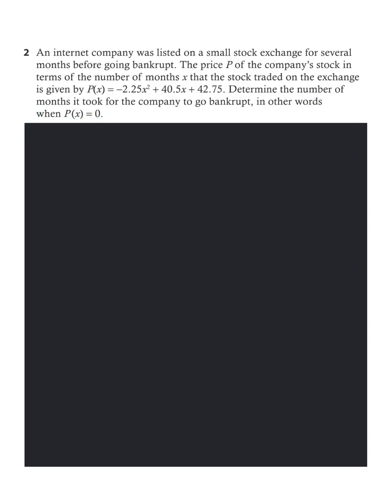Let's have a look at this. The first step was to write the equation. So we've got P(x) equals minus 2.25x squared plus 40.5x plus 42.75. Now we were told that X is the number of months and P is the price of the company's stock.